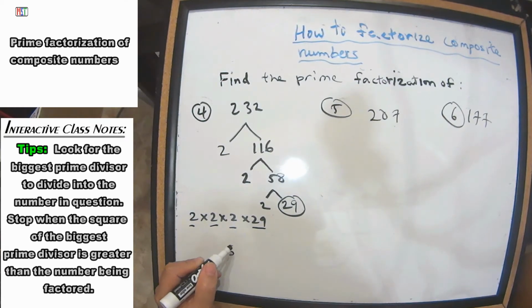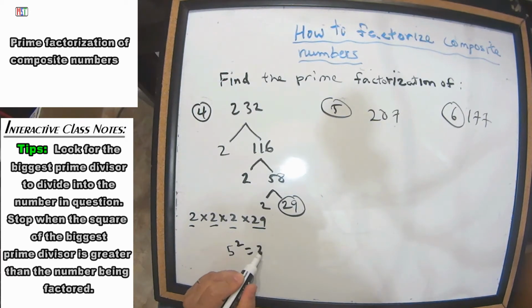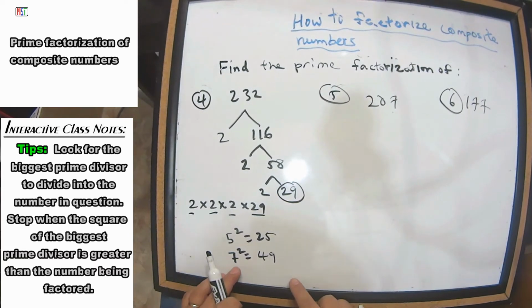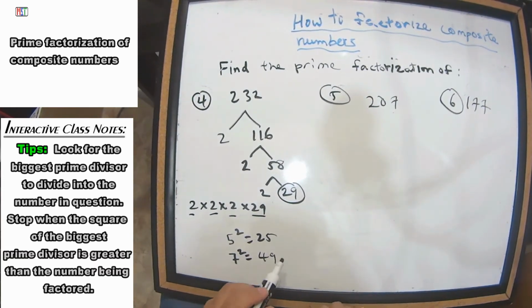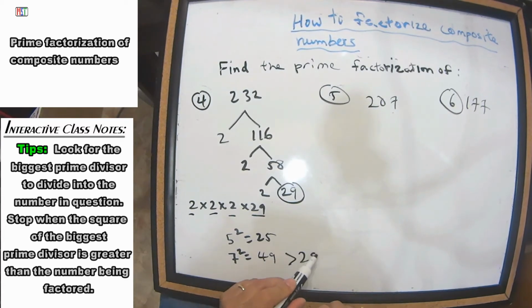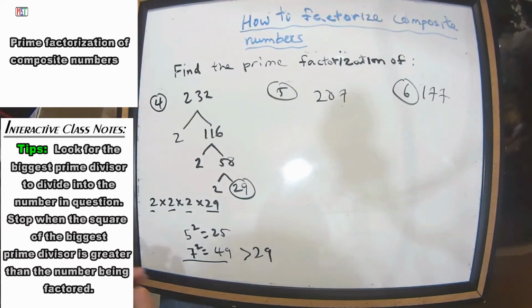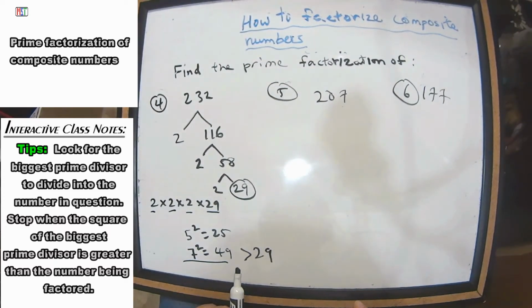That's a 5, right? 5 is a prime number. Square it, 25. And then a 7, square it, it's 49. Notice that we'll have to stop after the 7 prime number. 7 cannot go into 29, but when you square it it's 49, which is greater than 29, so we'll stop here. So we assume now that 29 is the prime factor.